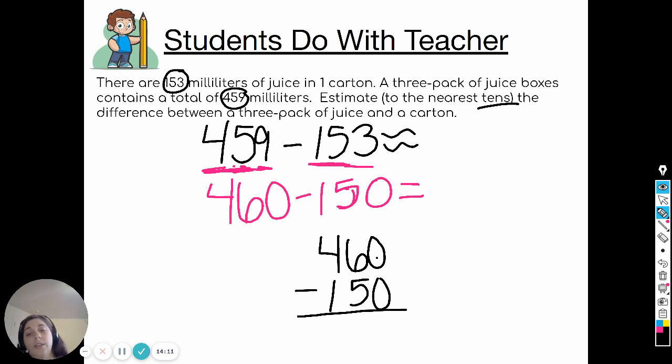Okay, so we should have done 0 minus 0 in the ones, which is 0. 6 tens minus 5 tens, which leaves us with 1 ten. 4 hundreds minus 100 is 3 hundreds.